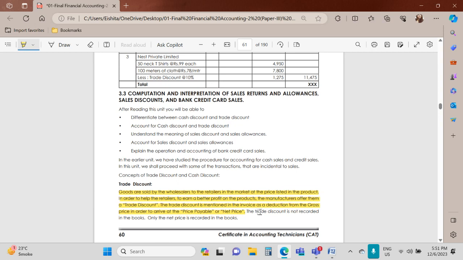The important part is the trade discount is not recorded in the books of accounts. This is mentioned in bold. Trade discount is not recorded in the books. Only the net price is recorded in the books.